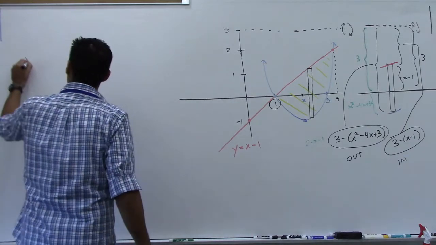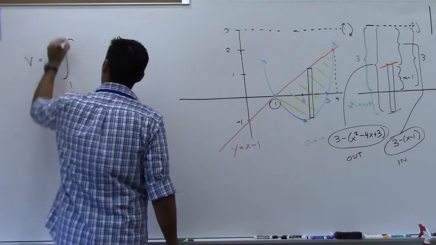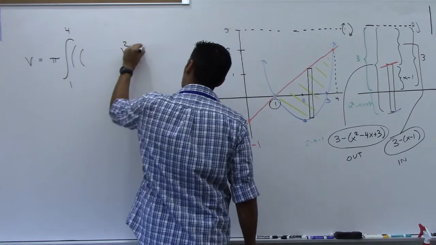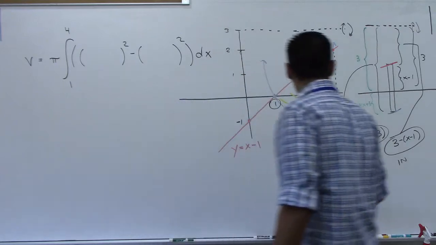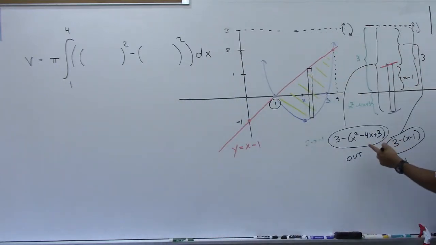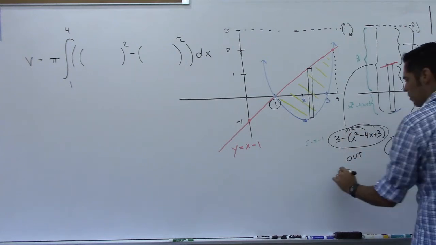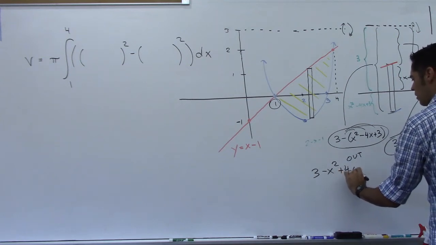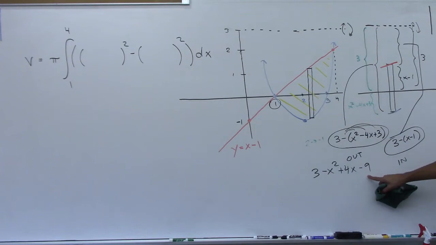The volume of this solid of revolution will be pi integral 1 to 4 of the outer squared minus the inner squared dx. Now this outer, I didn't clean it up over here. I'm going to clean it before I go in there. I'm going to distribute the negative through, and you would get 3 minus x squared plus 4x minus 9. And you can combine the 3's together, and if you do 3 take away 9, you get negative 6.